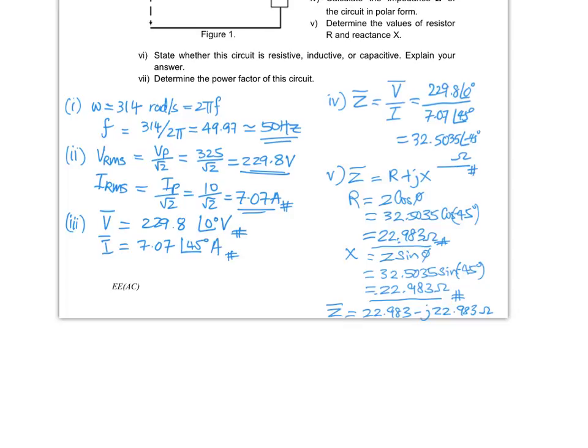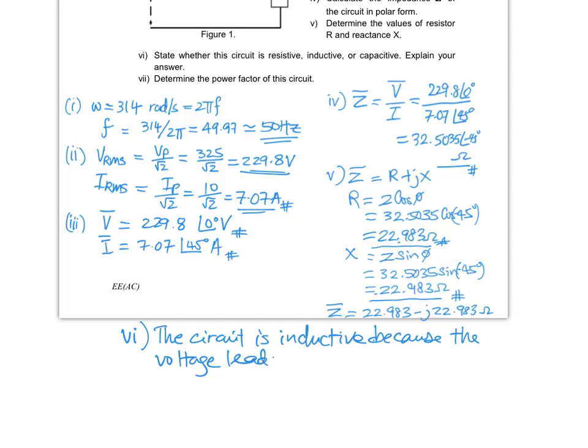In other words, if I now look at question part 6, the circuit is inductive because the voltage leads the current by 45 degrees.